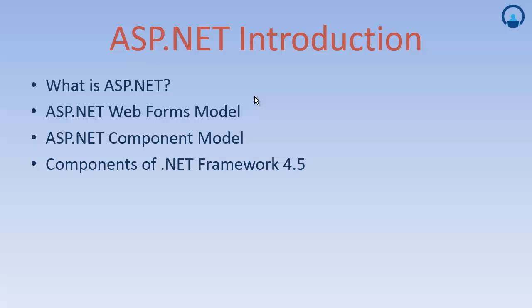ASP.NET is used to produce interactive, data-driven web applications over the internet. It consists of a large number of controls, for example text boxes, buttons, and labels, for assembling, configuring, and manipulating code to create HTML pages.